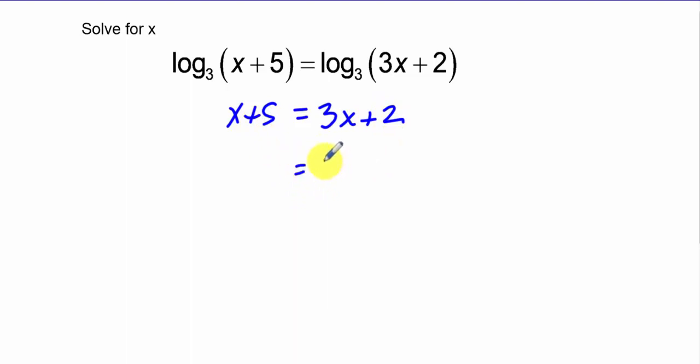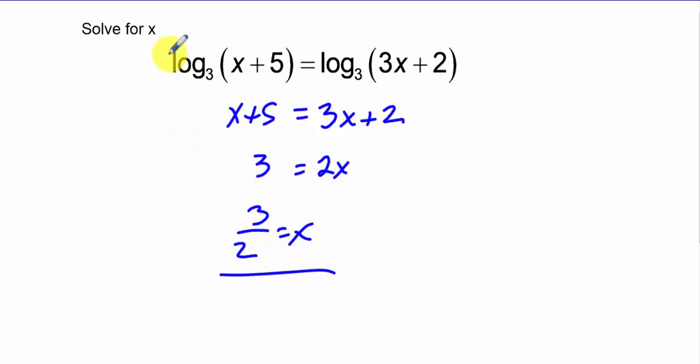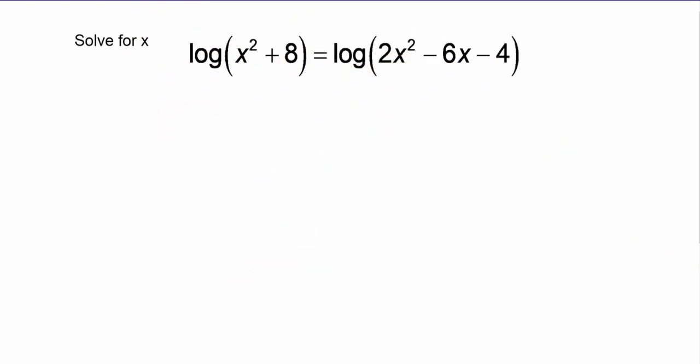So I have 2x is equal to 3, and 3 halves is equal to x. Now again, you can only do this when there's one logarithm on each side that's isolated and they have the same base. Likewise here, one log on each side, same base of 10 in this case.